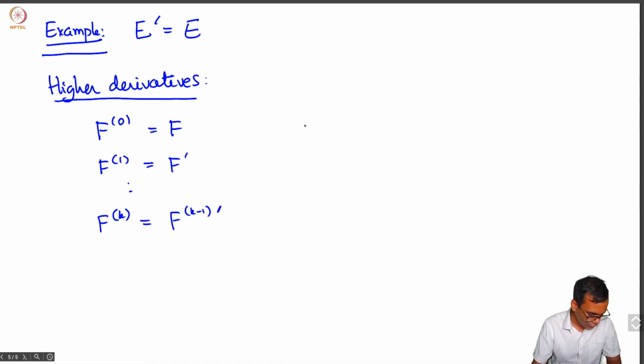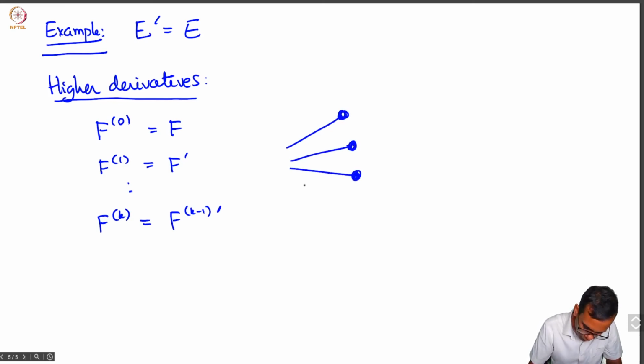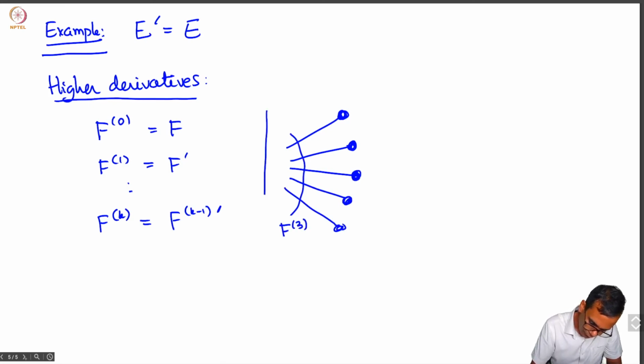A visualization of f3: an f3 structure is the same as adding 3 star points.